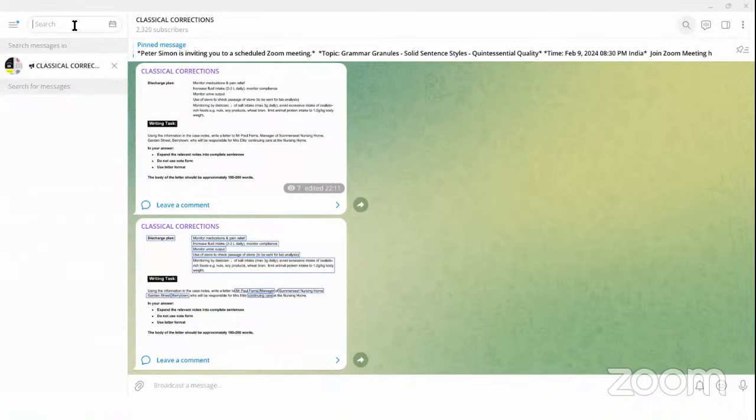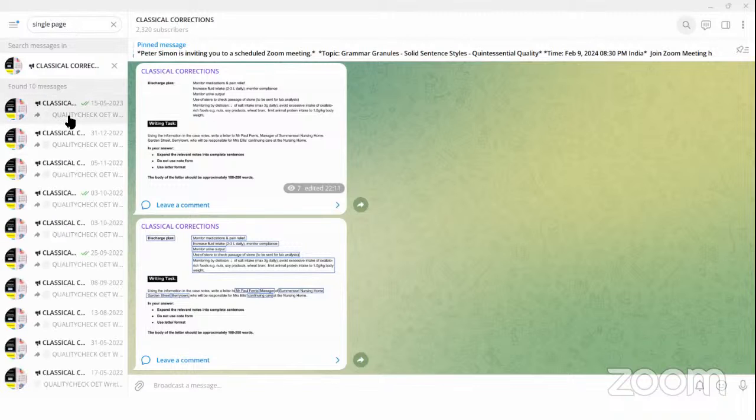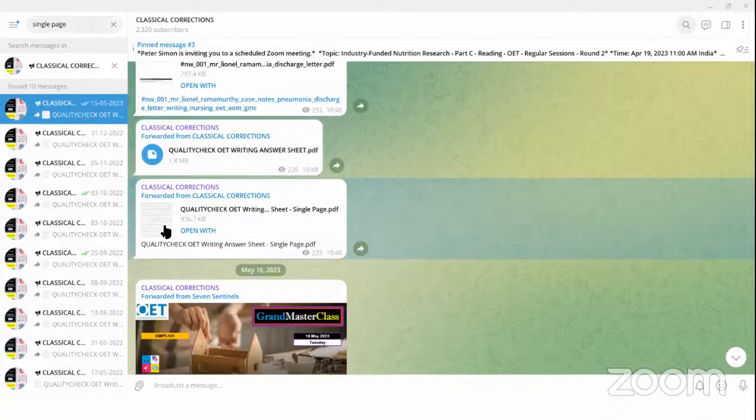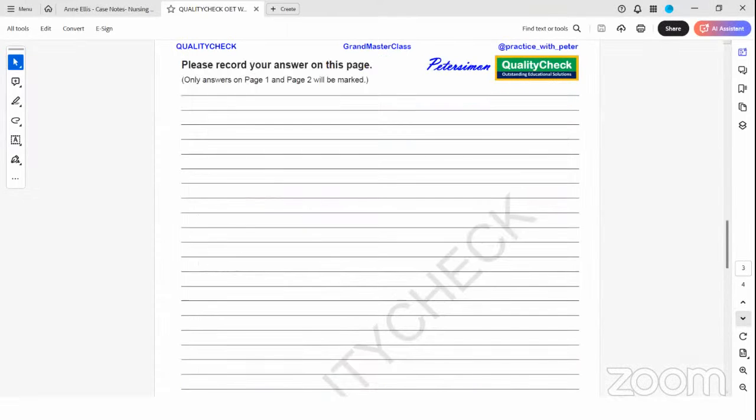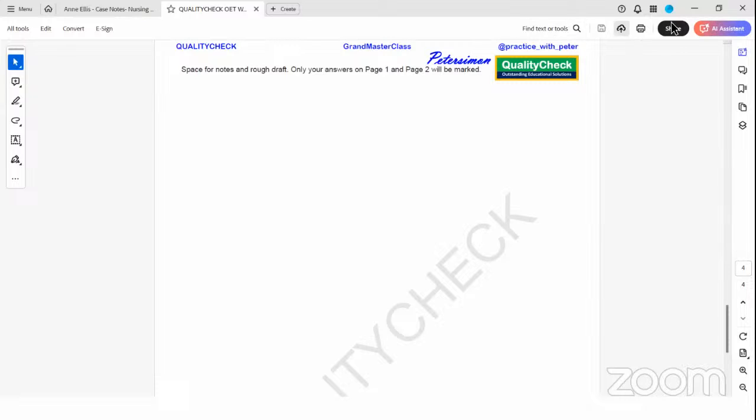What you have to search? Just type there single page or quality check answer sheet. So single page is only one page. Quality check writing answer sheet is 4 pages: 1, 2, 3, 4.